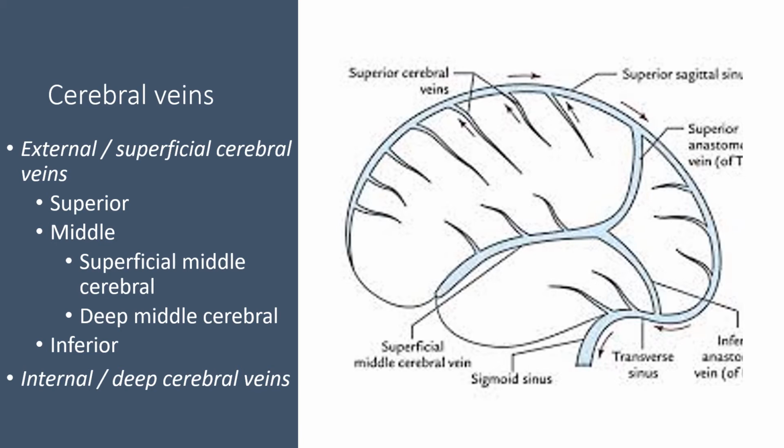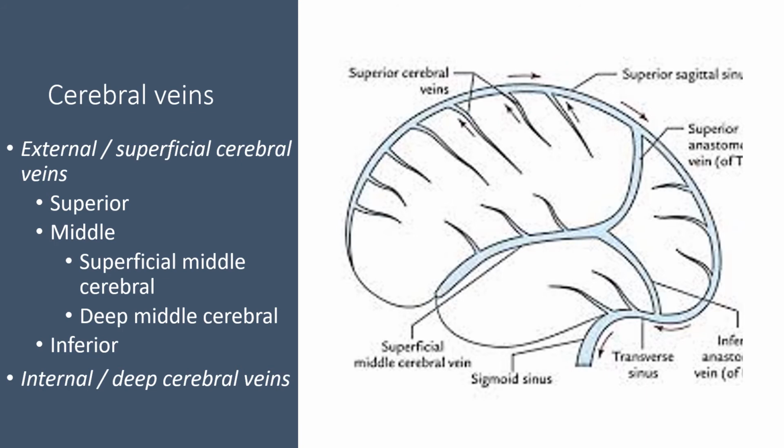The cerebral veins are divided into external or superficial veins, which drain the external surface of the cerebral hemisphere, and internal or deep cerebral veins, which drain the internal regions of the cerebral hemisphere. So, you can see two types of cerebral veins, mainly the external or the superficial cerebral veins and the internal or the deep cerebral veins.